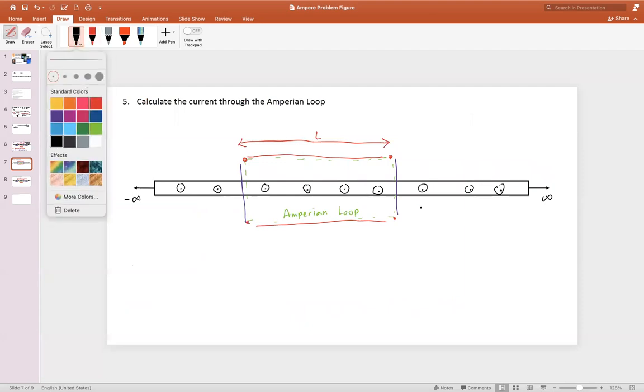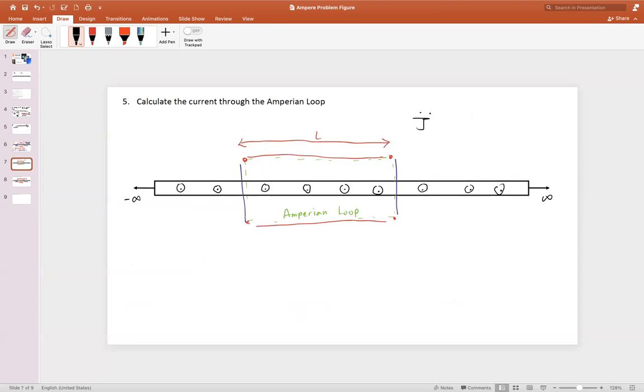So if we consider the length of our Amperian loop to be length L, and we have a surface current, which is coming out of the page as x hat JS, then we know that this surface current is in amps per meter.